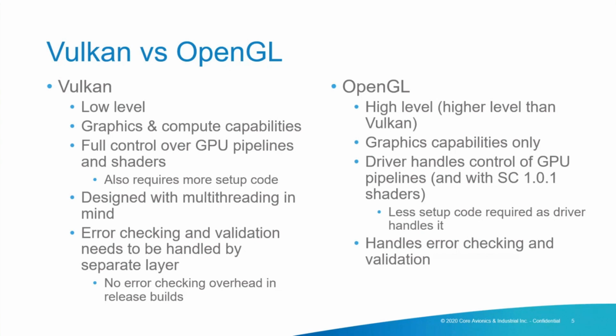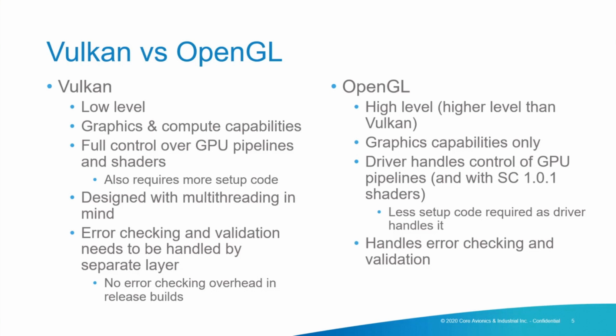And if you're using a graphics API like OpenGL SC 1.0, the shaders are also handled by the driver for you. So you don't have control over how they're implemented or if they're a good fit for your application. The consequence of this is that more setup code is required since you need to build up your own GPU pipeline and shaders, versus in an OpenGL driver, the driver developer would have handled all that setup for you.